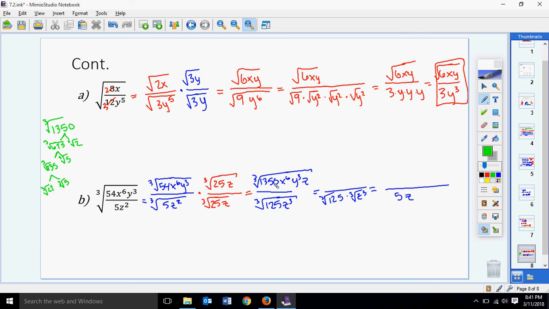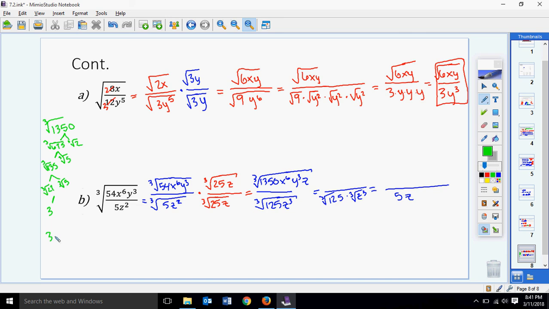So 1,350 can be written as, I'm sorry, let me back up. I didn't finish my factor tree. The cube root of 27 breaks up into 3.